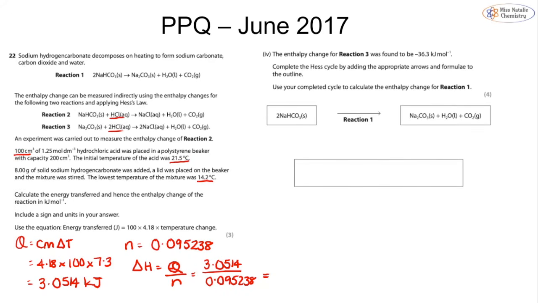And we get an answer of positive, because we have a temperature decrease, positive 32.040 kilojoules per mole. This is the enthalpy change of reaction 2. So reaction 2 is plus 32.040. We are then given reaction 3 to be minus 36.3 kilojoules per mole.